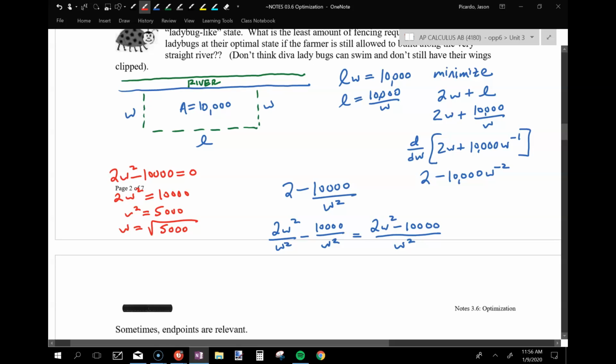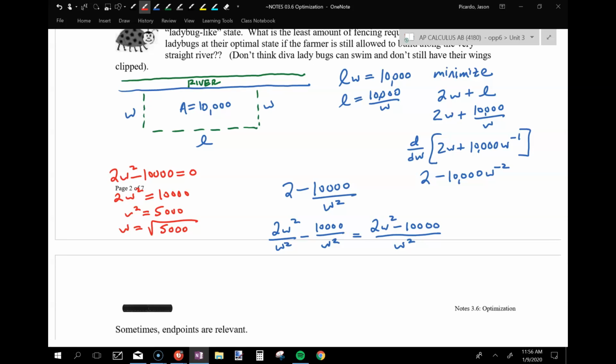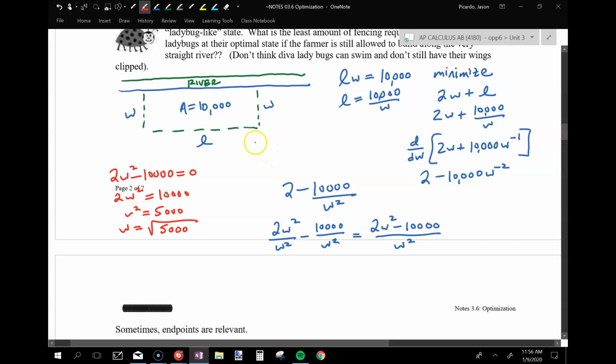And we get a solution of radical 5,000. Now, what are we going to do here? Well, if we did an analysis starting at 0 to radical 5,000 to, I'm going to put infinity.